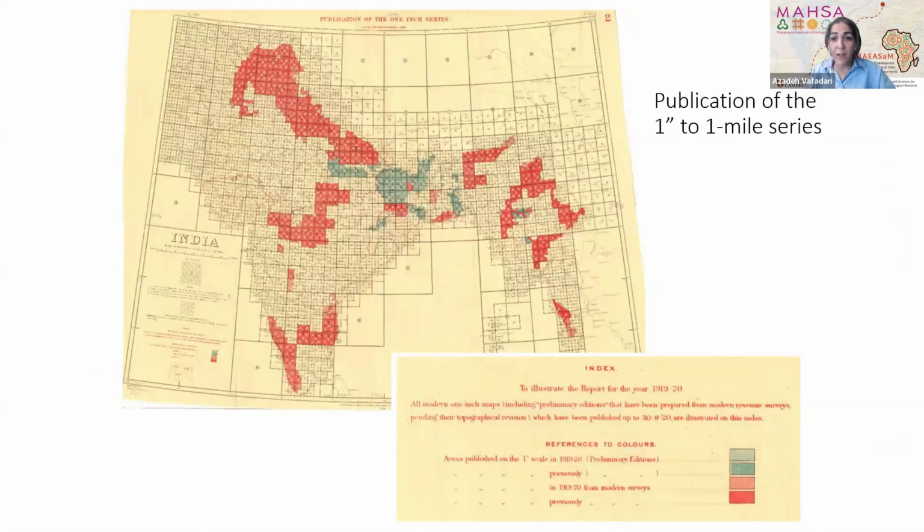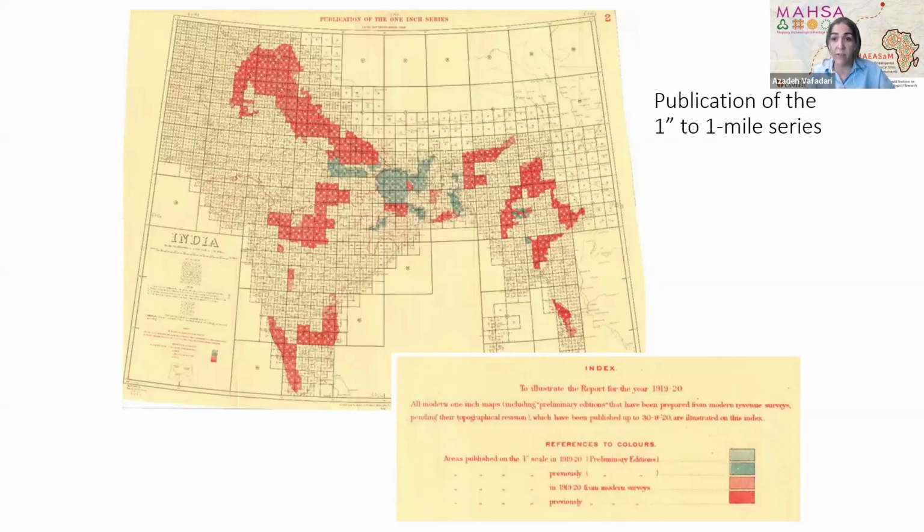When we started the project, we specifically focused on the 1 inch to 1 mile map series. These are the maps that were based on the topographic surveys from the mid to late 19th century onward, and the resulting maps were produced from the first half of the 20th century.